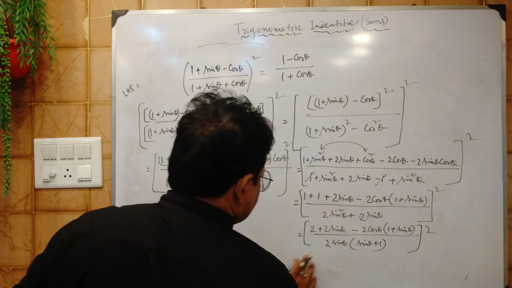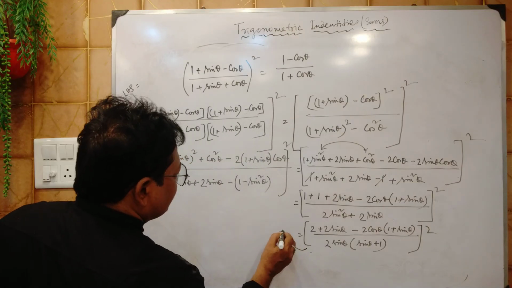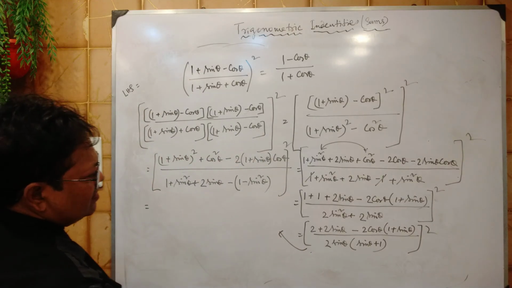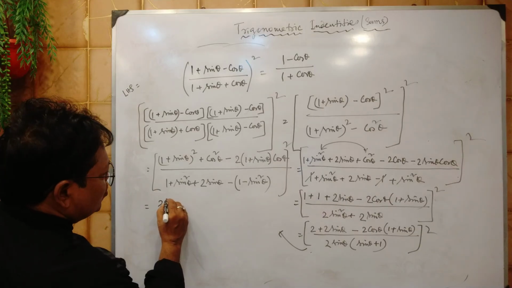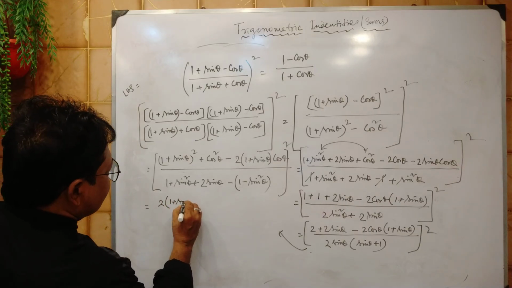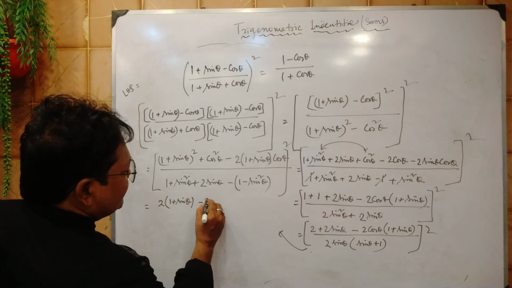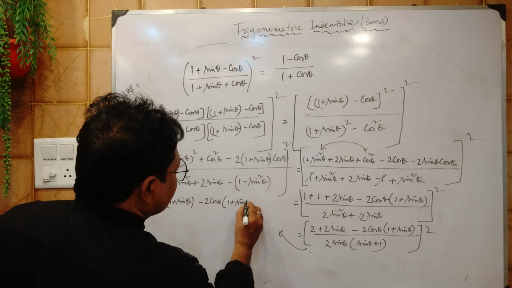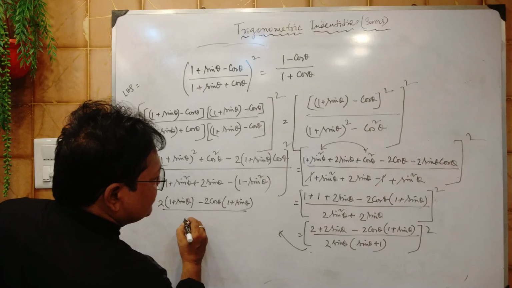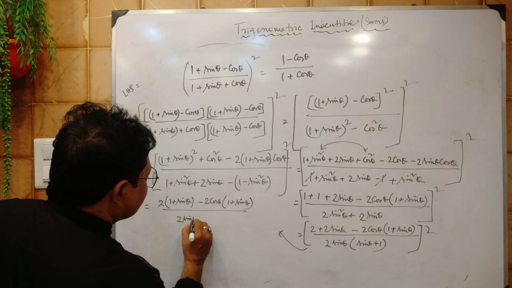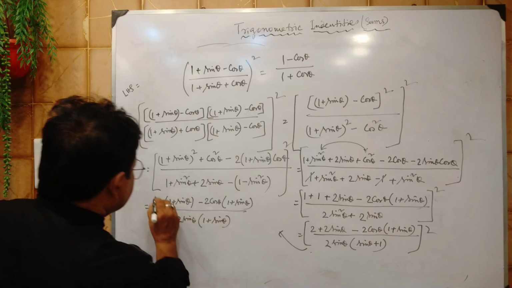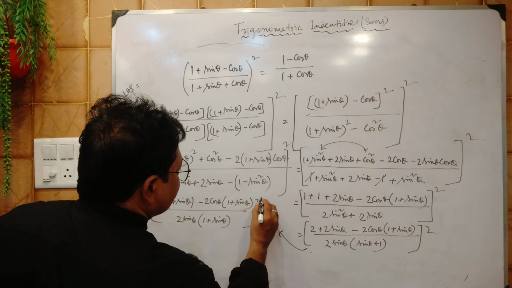Now come here, taking 2 as common, 1 plus sin theta minus 2 cos theta into 1 plus sin theta, by 2 sin theta into 1 plus sin theta, this is whole square.